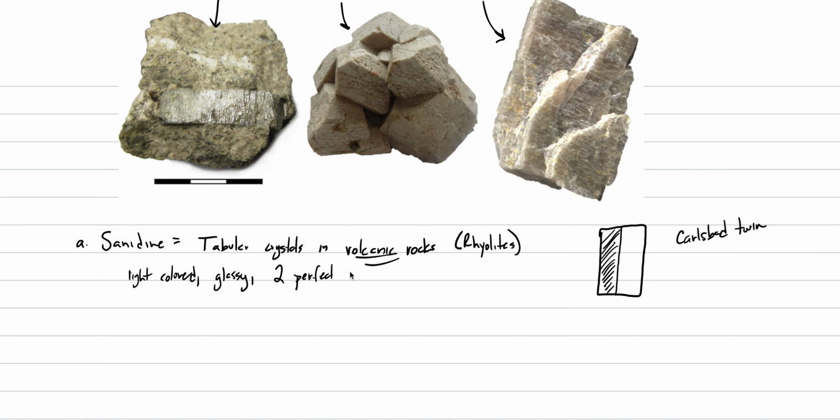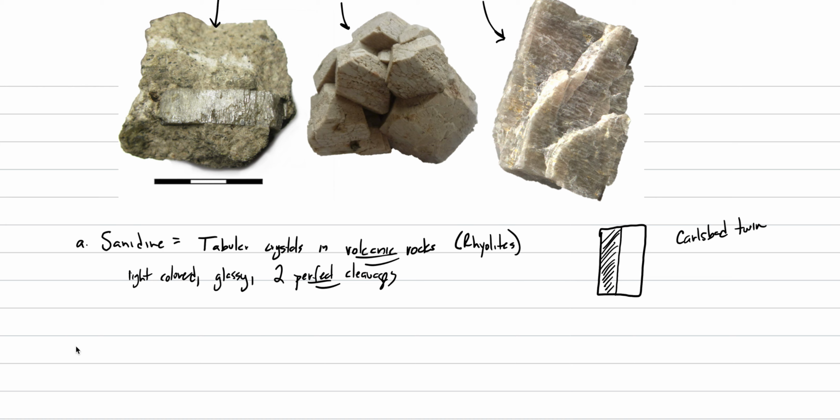And those perfect cleavages end up being really important for its identification because something that's light colored and glassy could also be quartz in a volcanic rock. But if we see this beautiful cleavage flash, like in this picture here, we're like, oh, that's a perfect cleavage. This is a sanidine crystal. So maybe you could write a note to yourself that says quartz does not have a cleavage flash for helping you identify.